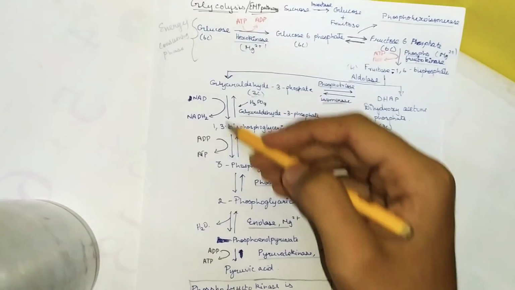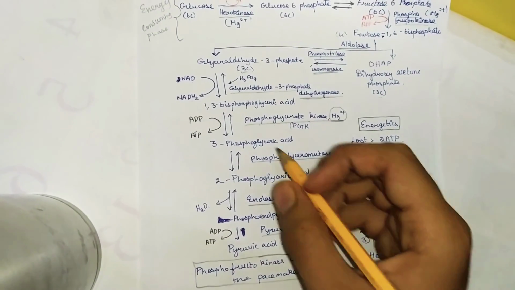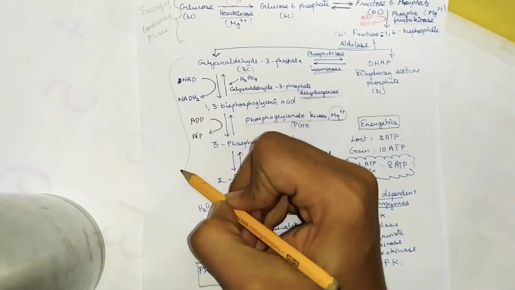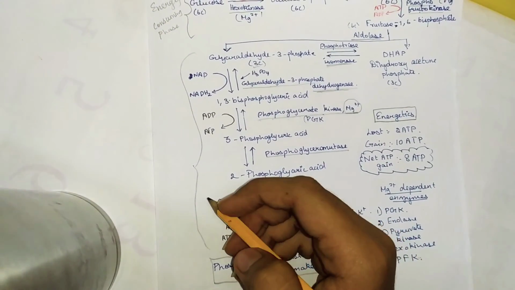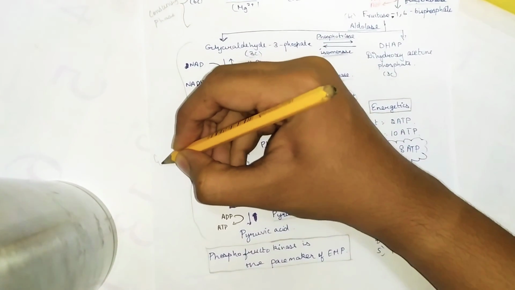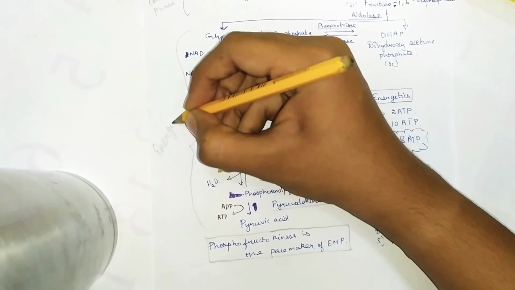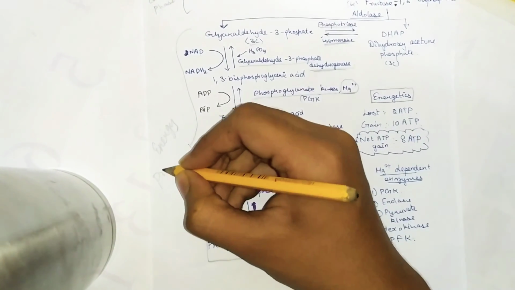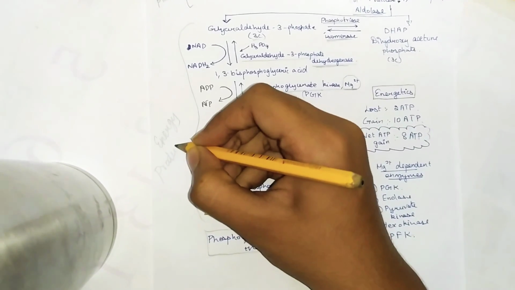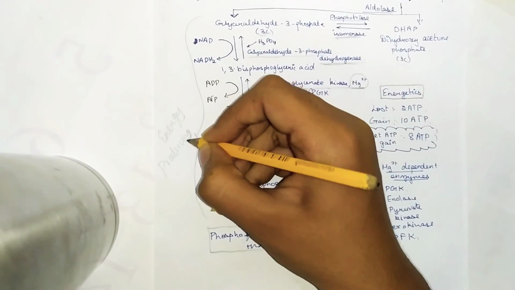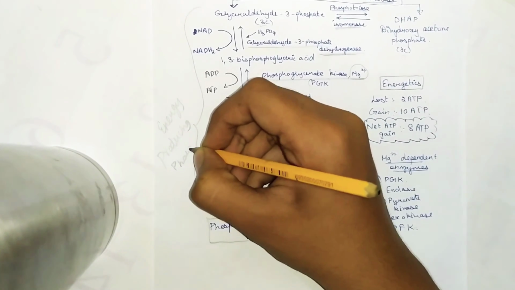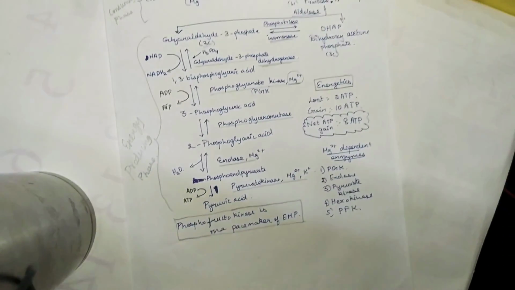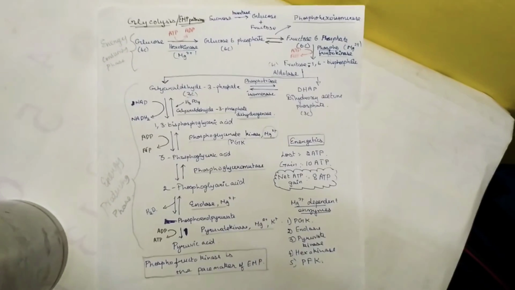Whereas these processes are actually producing energy, so they can be called the energy producing phase. So that's all for glycolysis. Thank you friends for watching.